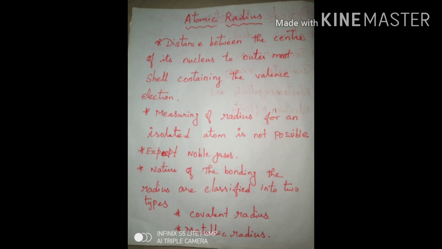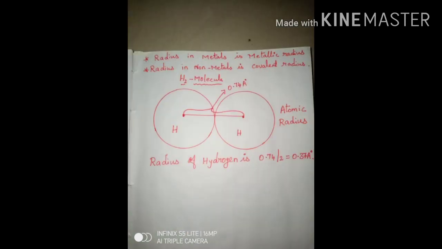So, we use two atoms, from one nucleus to the adjoining nucleus, and we depend on the nature of the bonding between the concerned atoms. So, this is divided into two types.